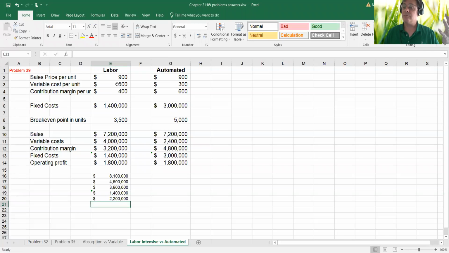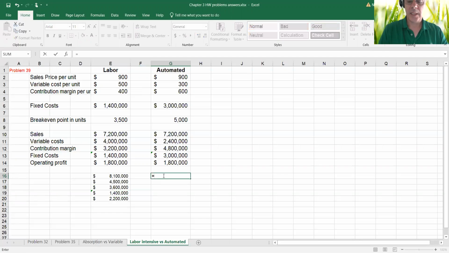It's increased. That's good. That's what we would expect under the labor intensive process. Now, let's see what happens on the automated side. Sales, of course, are the same, but variable costs, while they go up, don't go up nearly as much.